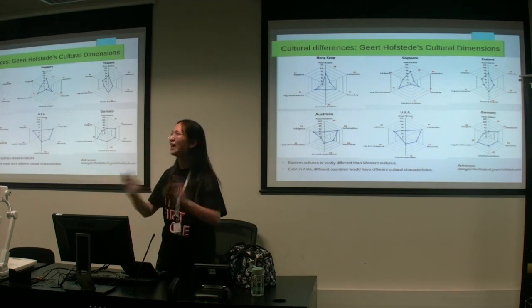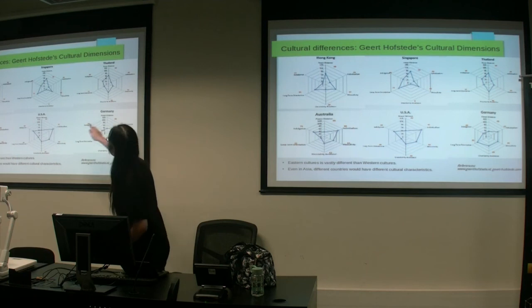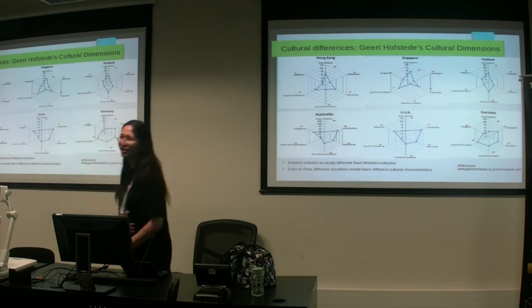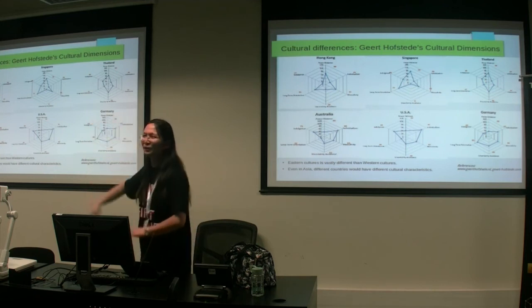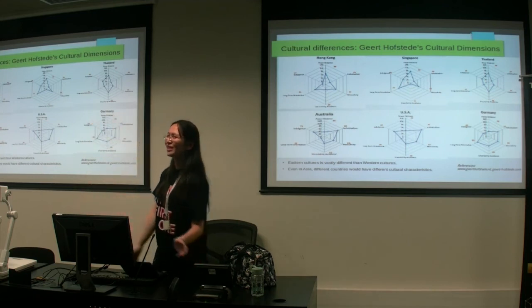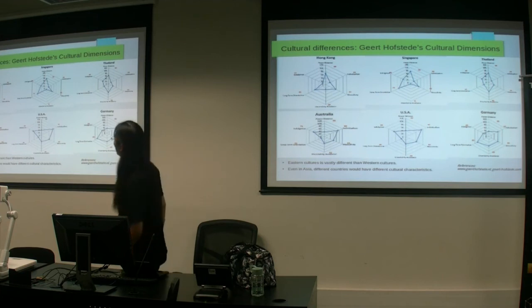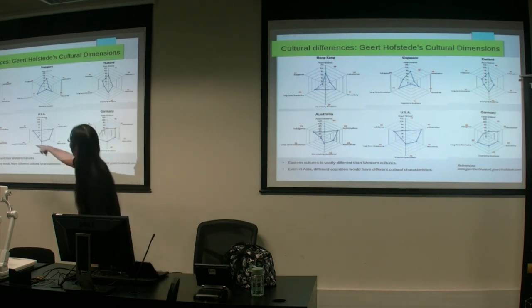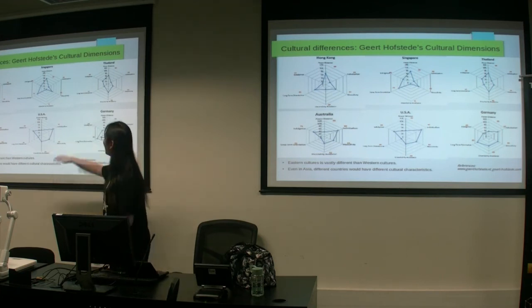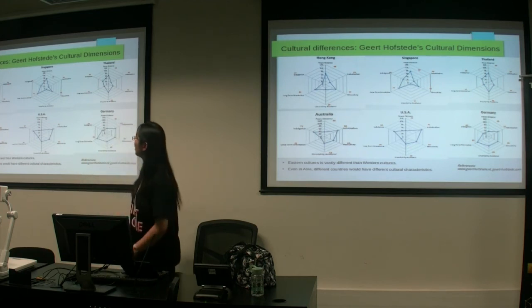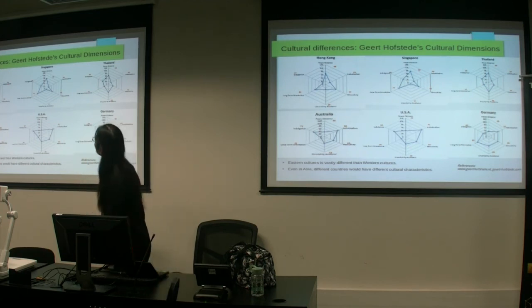I have to agree wholeheartedly. Some cultures have a long-term orientation, like Hong Kong and Singapore. They will invest a lot in properties for long-term benefit, whereas in the USA, Australia, and Western cultures, they have a relatively short-term orientation and so on.